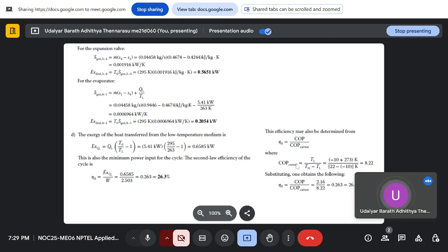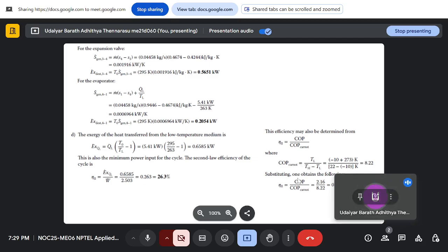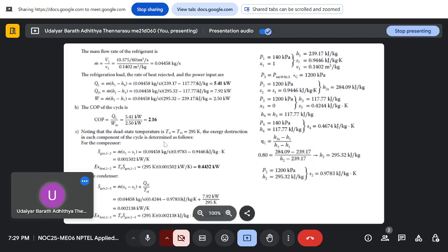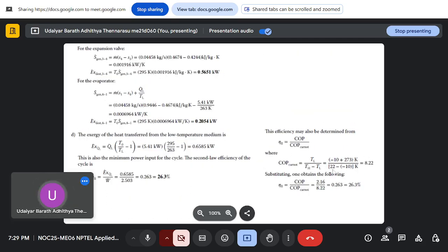Substituting, we get COP of Carnot as 8.22. Your actual COP of the cycle is 2.16. So 2.16 divided by COP of Carnot, which is 8.22, becomes again 0.263 or 26.3%. So it gives the same exergy efficiency value.